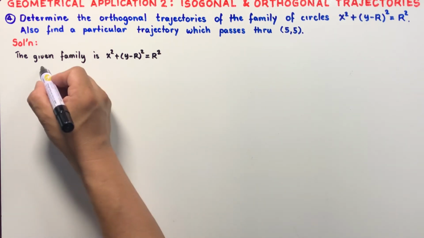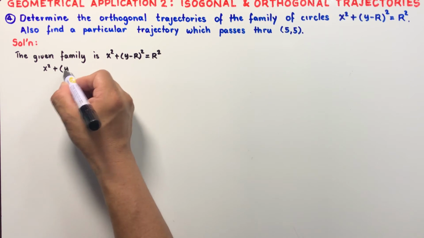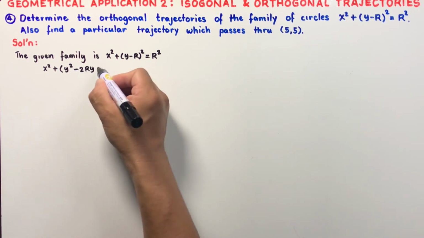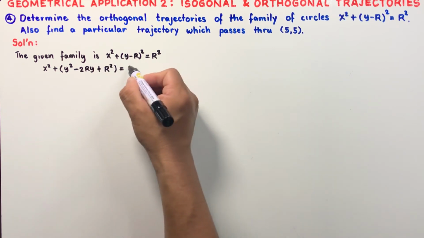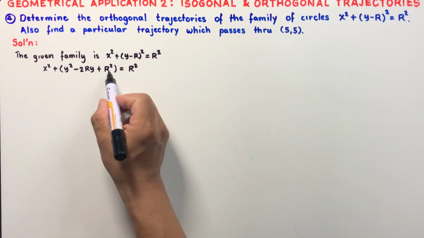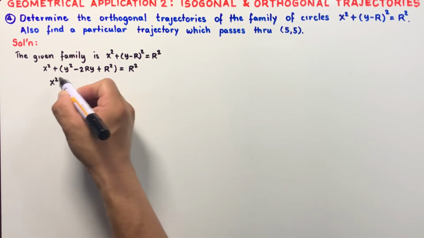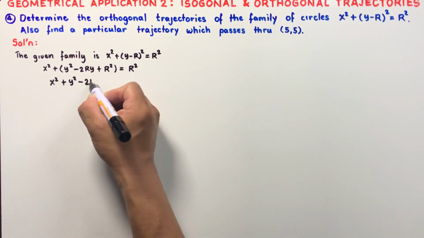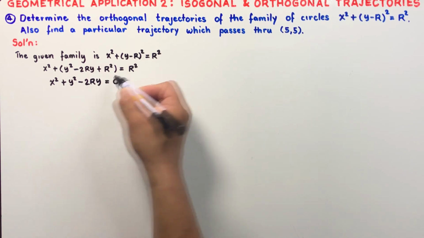So we have x squared plus y squared minus 2ry plus r squared, which is equal to r squared. Now you can subtract both sides of the equation by r squared, so what remains is x squared plus y squared minus 2ry, which is equal to 0.